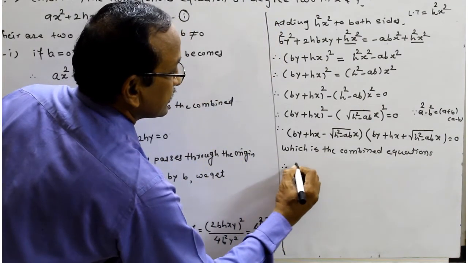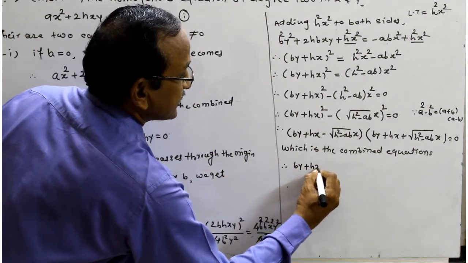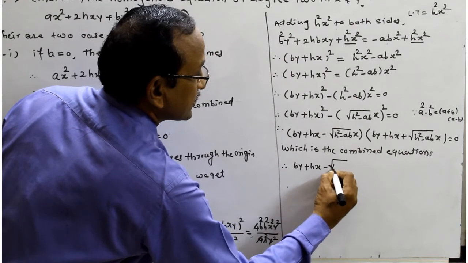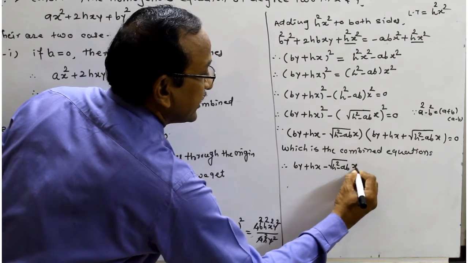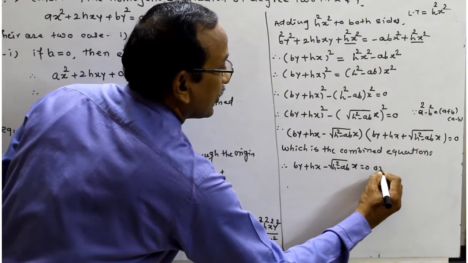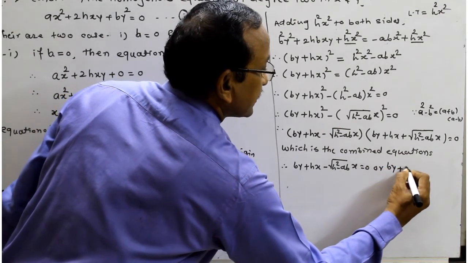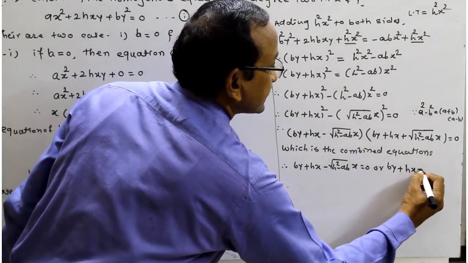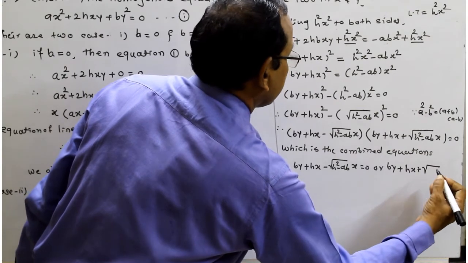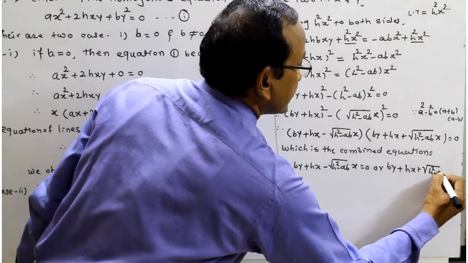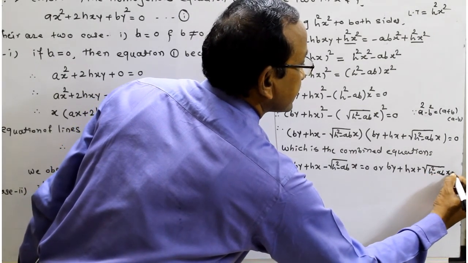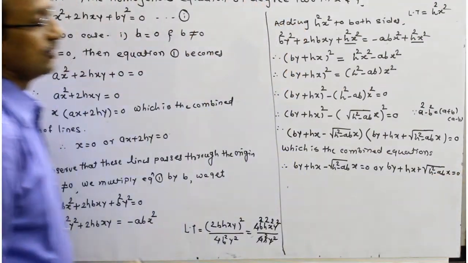So therefore by plus hx minus root h square minus ab x is equals to 0, or by plus hx plus root h square minus ab x is equal to 0.